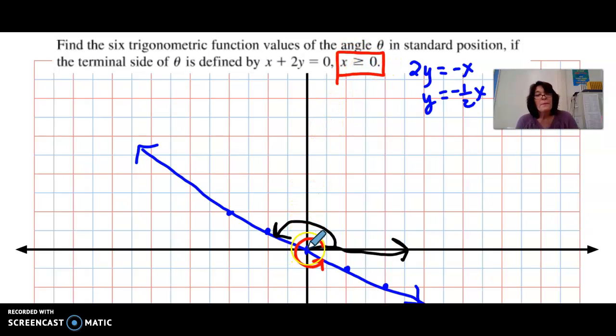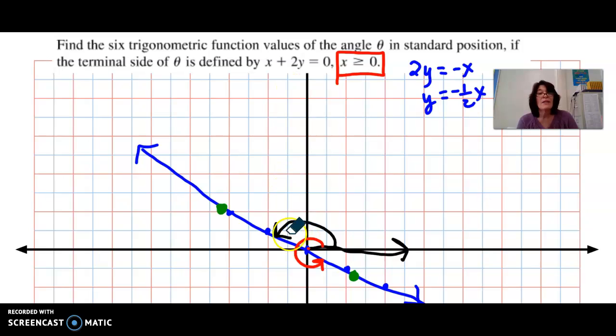But anyway, if there's a point on this line down here, let's say, who cares where, right? It's a point on the line. If it's this one, won't the x coordinate be negative? But if it's this one, this point has an x coordinate that's positive.